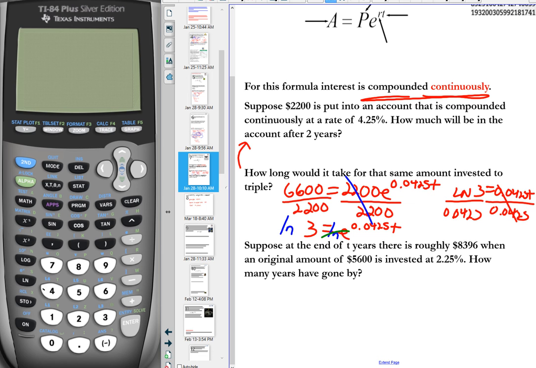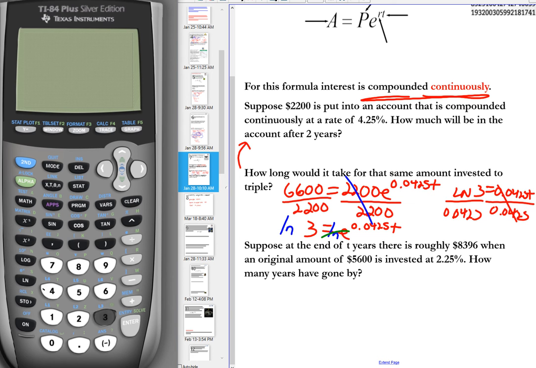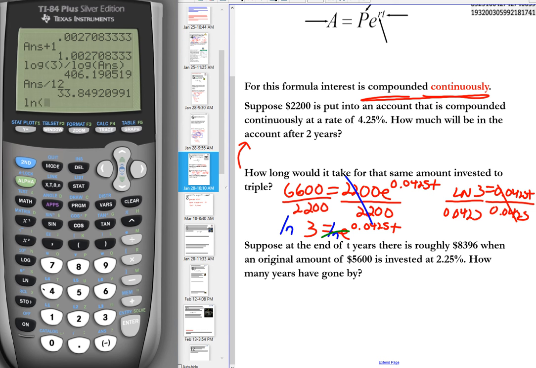So on the calculator, I would take the ln of 3, divided by, not ln of 0.425, so divided by 0.0425.